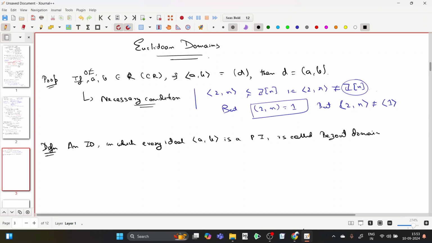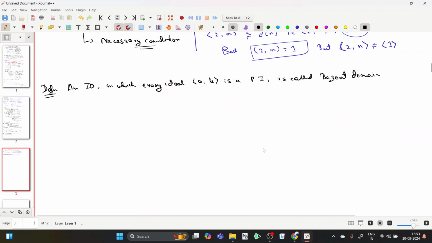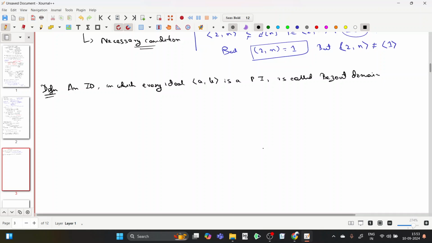Recall what we studied as the Bezout lemma in elementary number theory. A quick recall: if you have two integers and you find their GCD to be D, then I can express D as a linear combination of those integers.